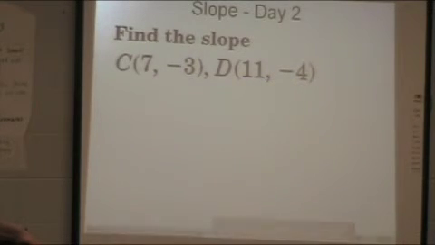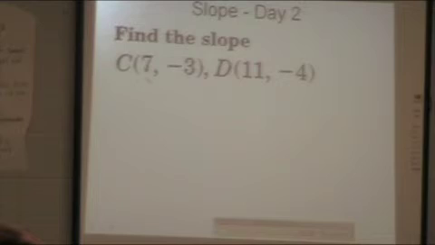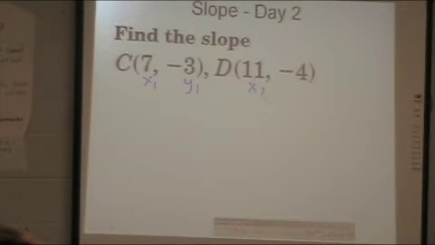So let's try that. The formula says this is x1, this is y1, this is x2, this is y2. The formula says y2, which is -4, minus y1. Now remember I told you, if you have a negative and a minus in a row, you got to put the second number in parentheses. Over x2, 11, minus x1, which is 7.